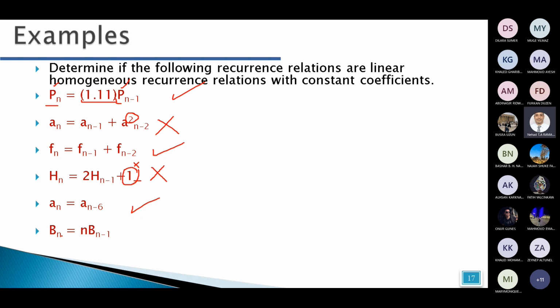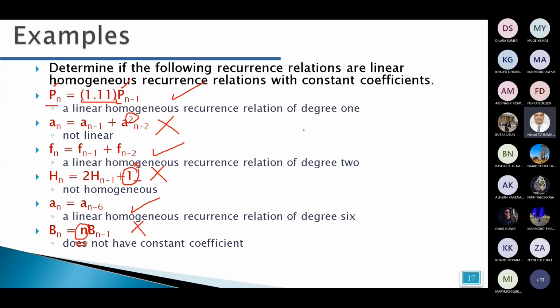This one is linear homogeneous, but without constant coefficient. So our focus is on this type of recurrence relation: linear homogeneous recurrence relation with constant coefficient.